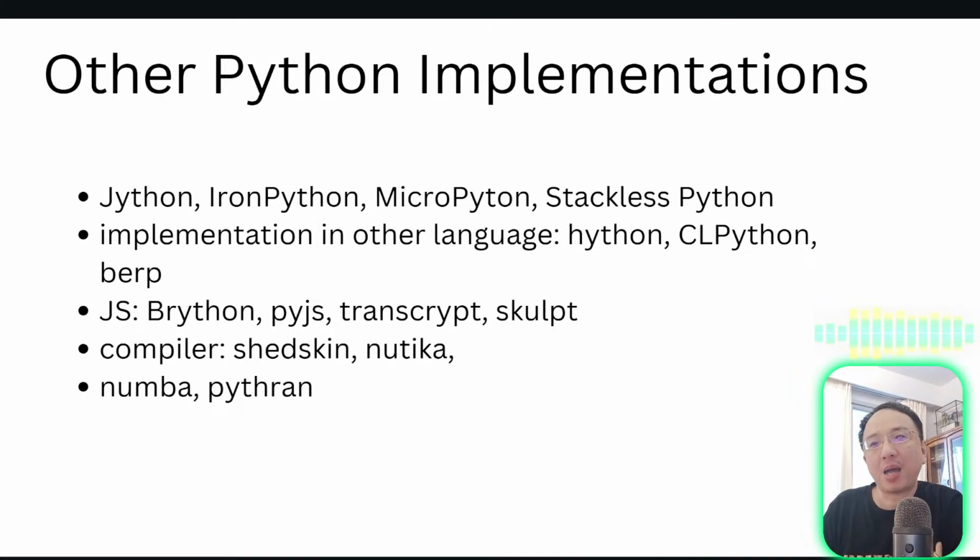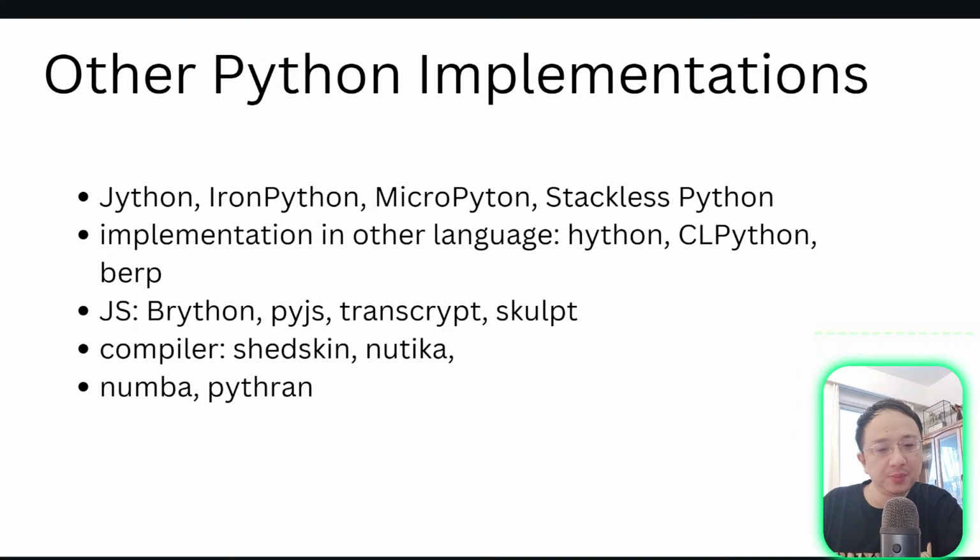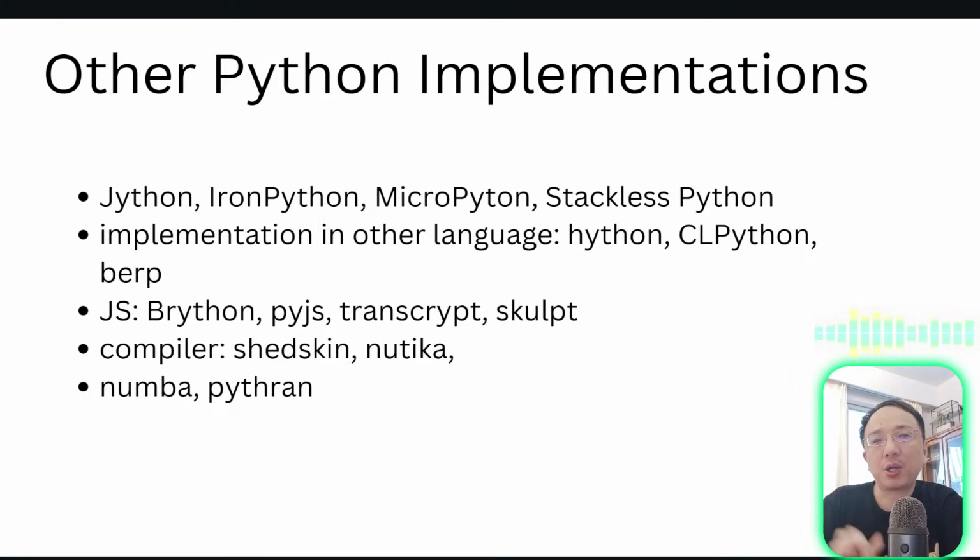Numba and PyStream are just-in-time compilers for Python, and for future versions of Python, or currently they already have some implementations for experimental features. The official CPython also has just-in-time compiling functionalities, but Numba and PyStream are kind of like a transcoder for Python to convert it into a more efficient language.